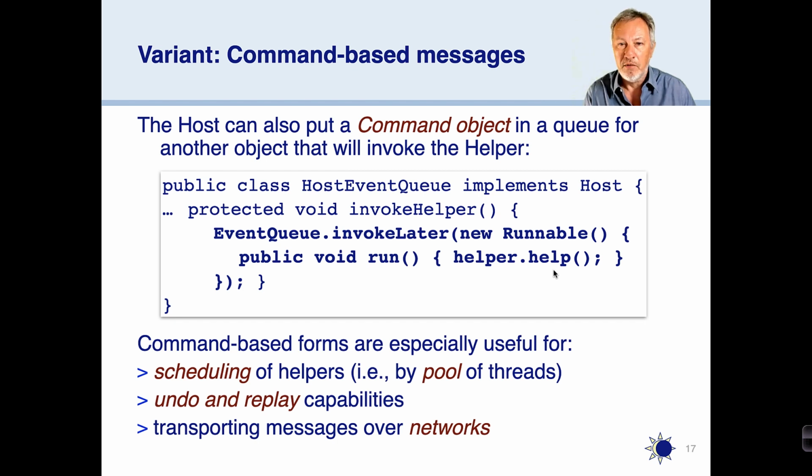If you have, for example, a transaction that needs to be undone, and you keep track of all of the commands that are performed, then if at some point you have to abort the transaction, you can simply go through the commands and tell each one of them to undo its action. Another reason for turning tasks into objects is that way you can send them over a network to be performed at a different logical site.